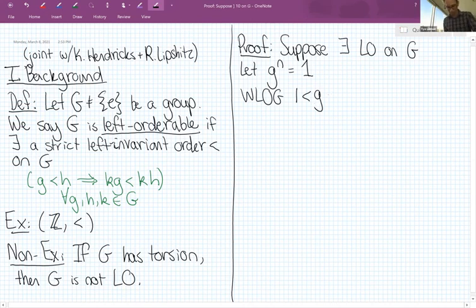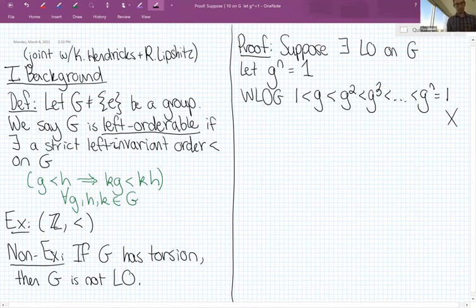Multiplying on the left by g, g is less than g squared, g squared is less than g cubed, and so on until we get to g to the n, which is 1. This violates our strict total order: 1 can't be less than 1.